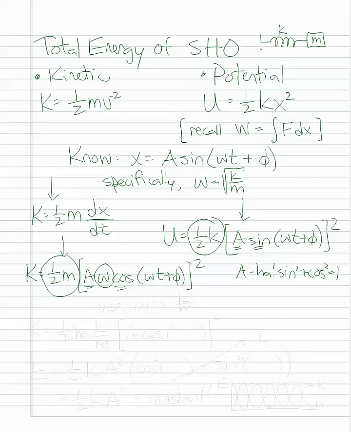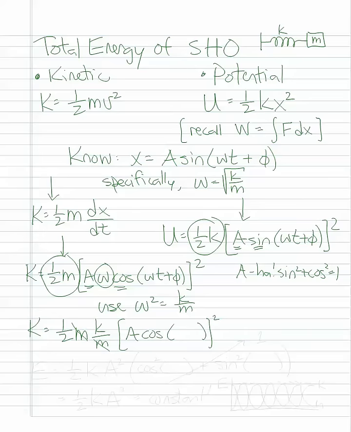But I realize that if I plug in, instead of omega squared, that omega squared is k over m, then the kinetic energy becomes 1/2 m, and k over m is omega squared. The m's cancel, and I'm left with a cosine squared.